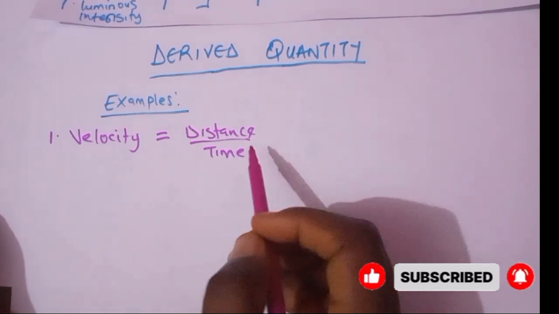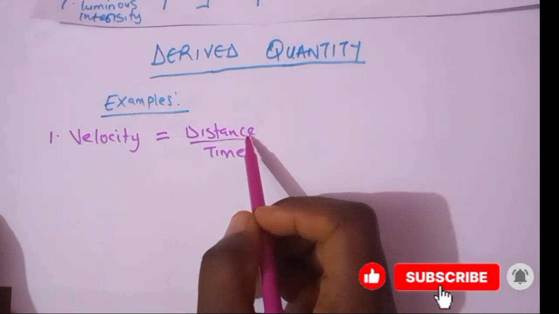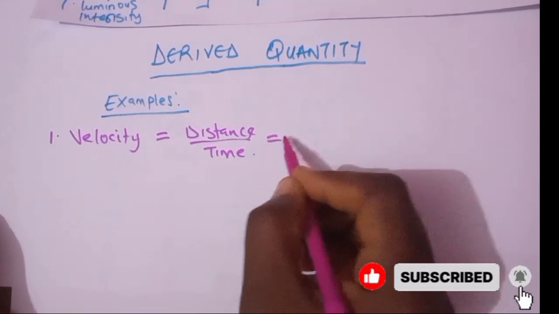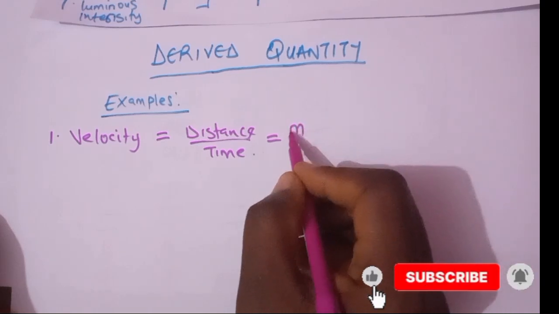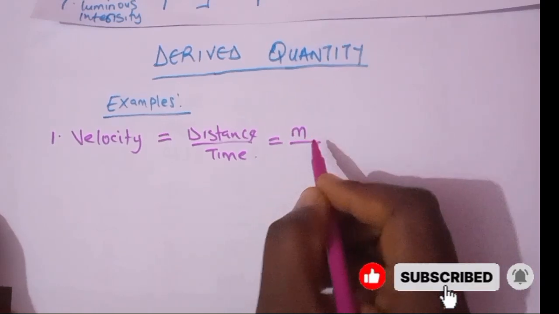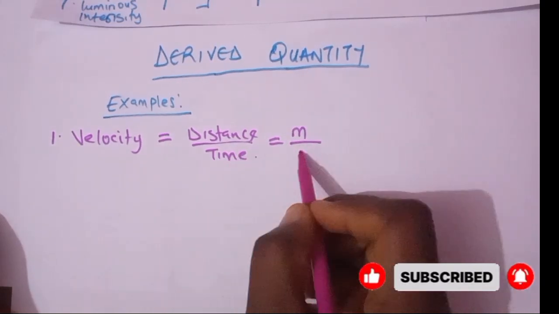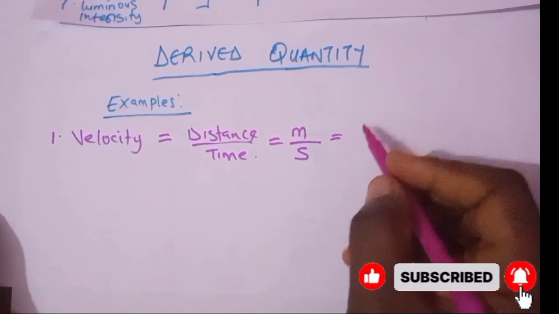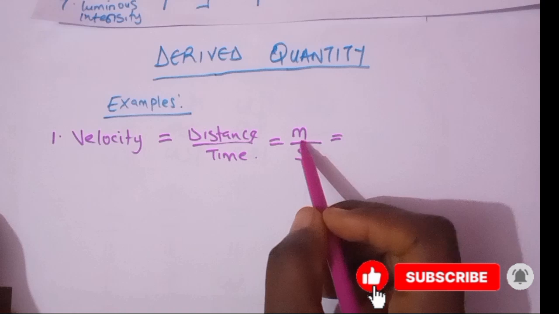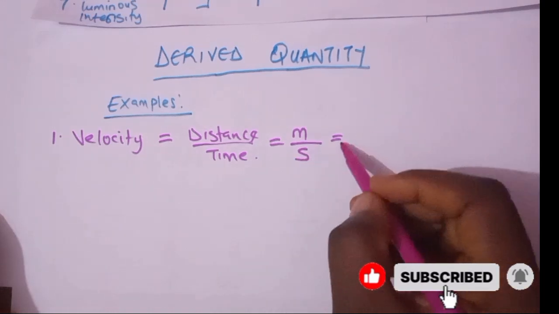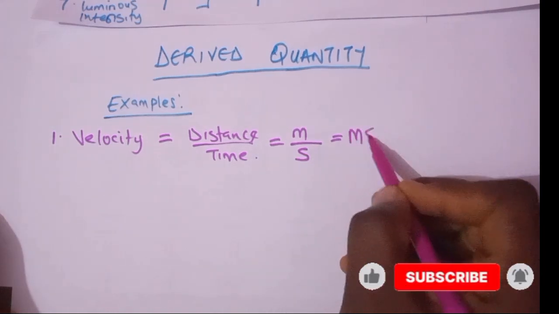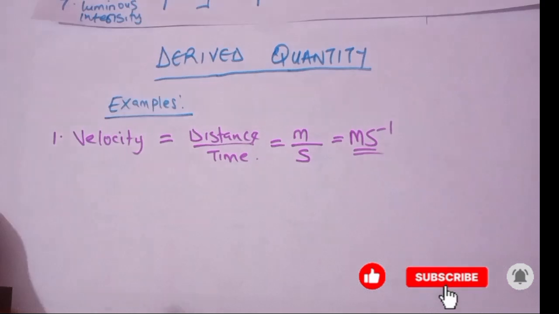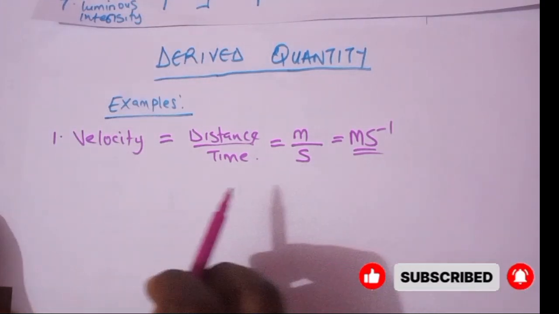So what is the SI unit for distance? We have meters. What is the SI unit for time? That is second. So our SI unit is meter over second, or you write it in this form. These are SI units.